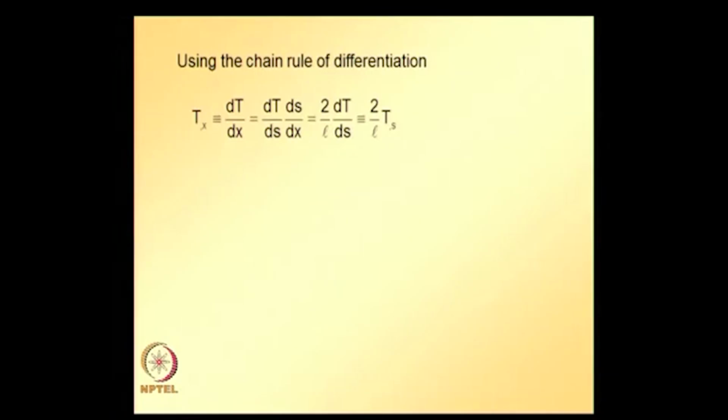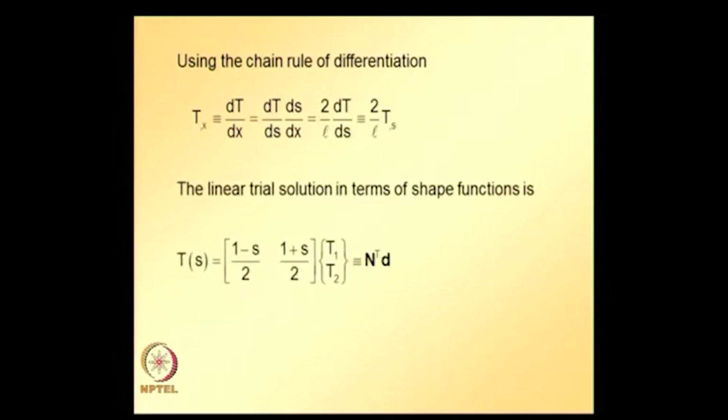So the derivative of T with respect to x is 2 over L times the derivative of T with respect to s. Also we know that for the 2 node element, the linear trial solution in terms of finite element shape functions is given by this one, T as a function of s is N1 T1 plus N2 T2, which can be written in a matrix and vector form in this manner, and which can be compactly written as N transpose d.